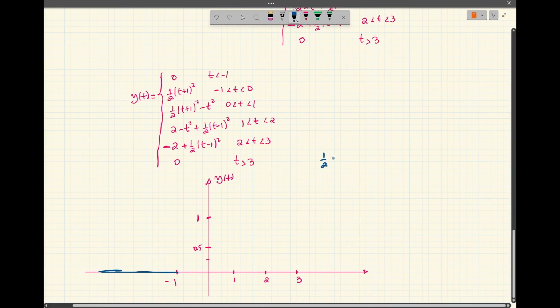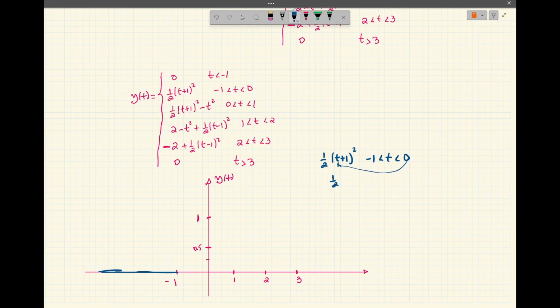So we have half (t plus 1) square when -1 less than t less than 0. So I'm gonna plug in 0 here. So it's half. So the value of the output at 0 is half.